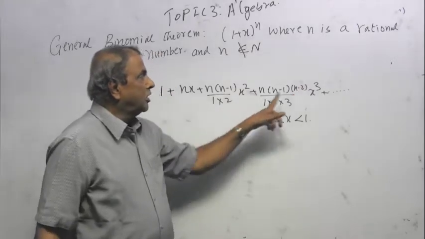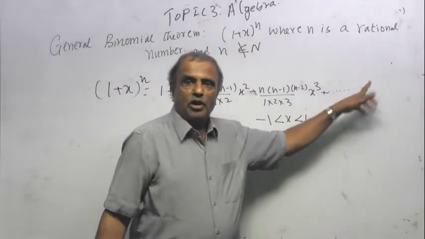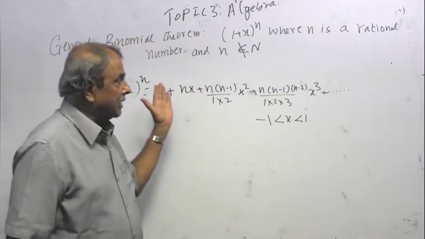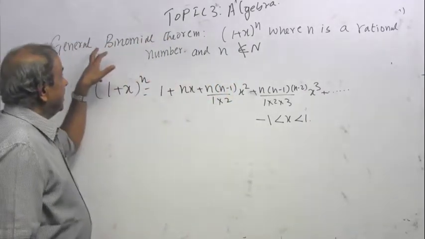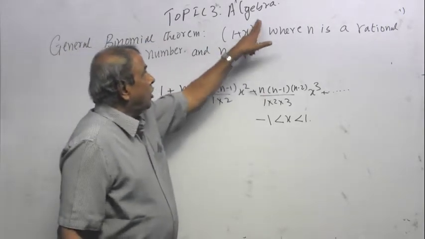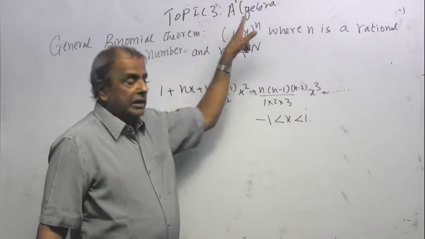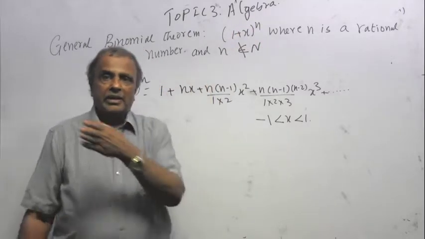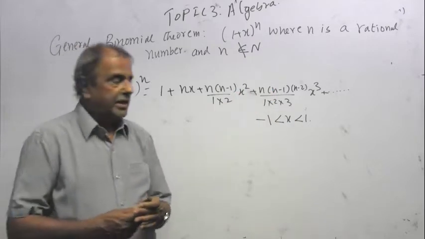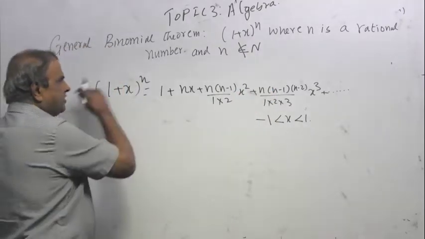You've got x power 2, 3, 4, 5. You're never going to reach x power half. That means the series will never end. That's why it's a general binomial theorem. When n is not a positive whole number, you end up getting an answer which has infinitely many terms. But you don't have to know all that. This is in the formula book.